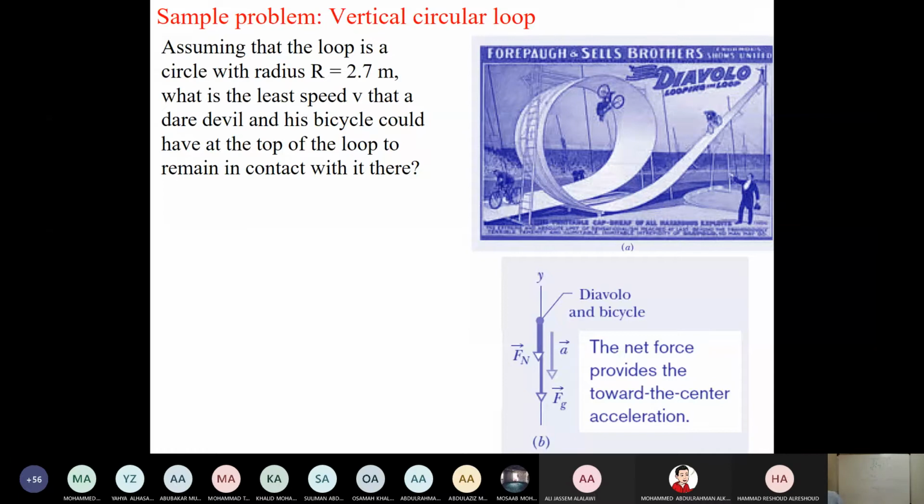Yes, teacher. I didn't get how Fn is downward. How Fn is downward, we know that the Fn is coming from the reaction, right? If you are sitting on top of the chair, you are giving trouble to the chair, the chair is giving you trouble, and that trouble is upward, right? So you are applying the weight, which is the force downward, and as a reaction there is another force, the normal force, that is upward.